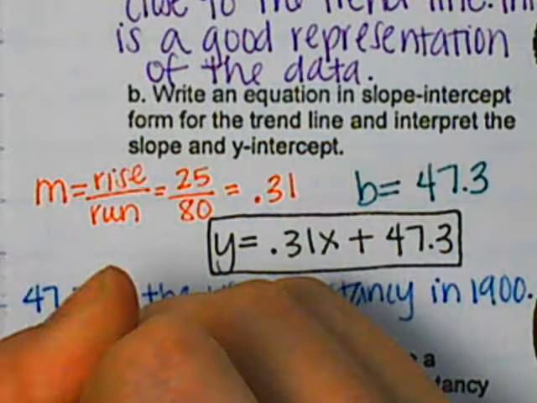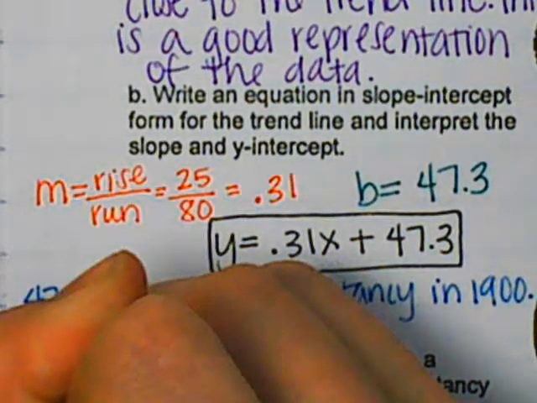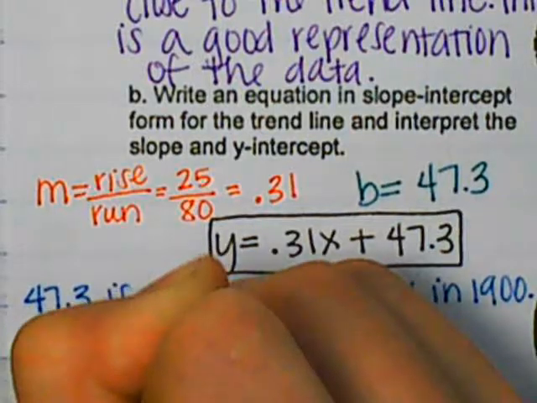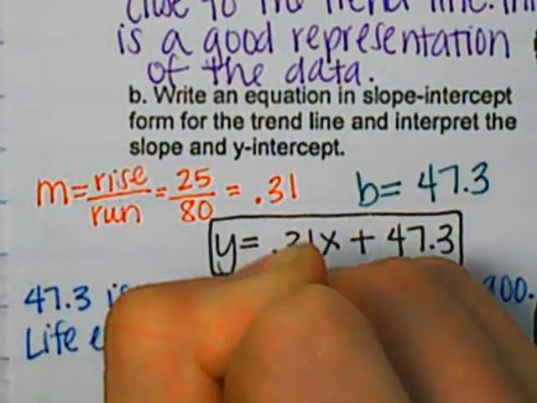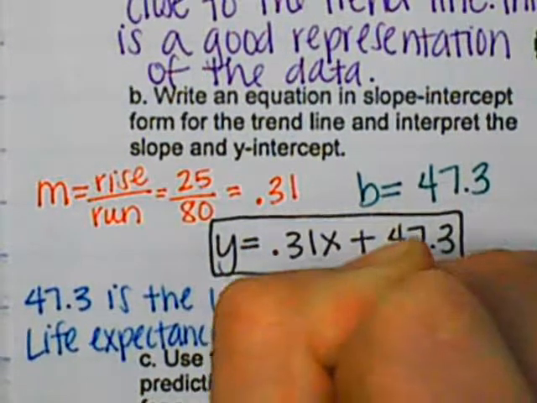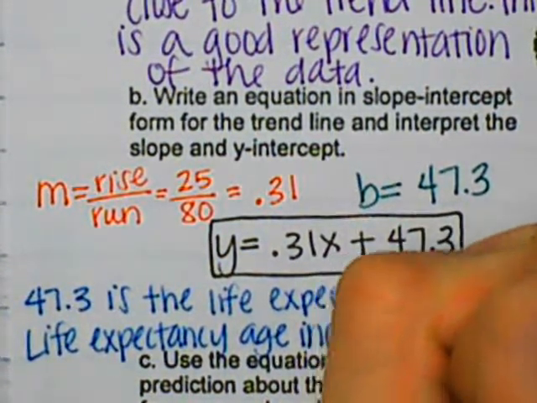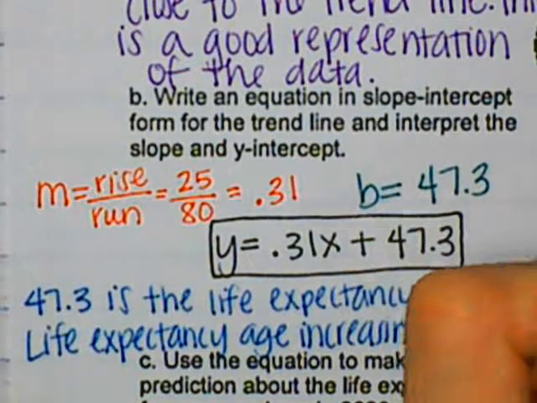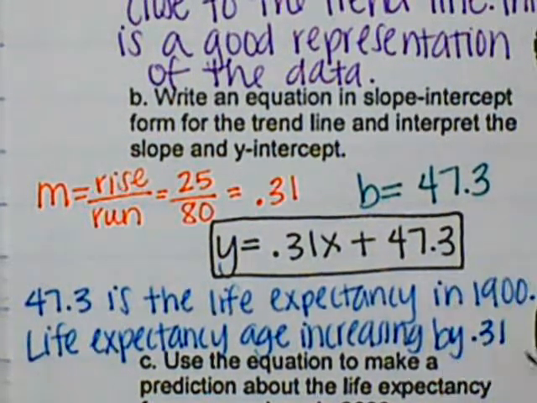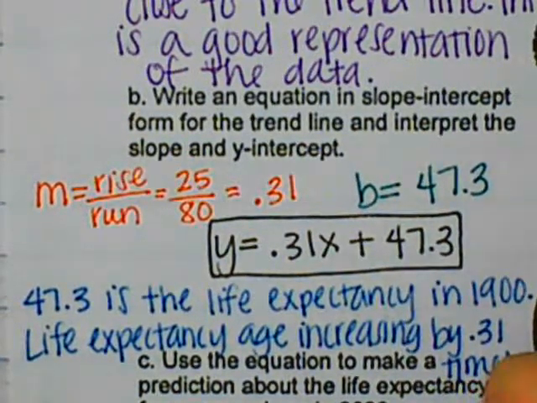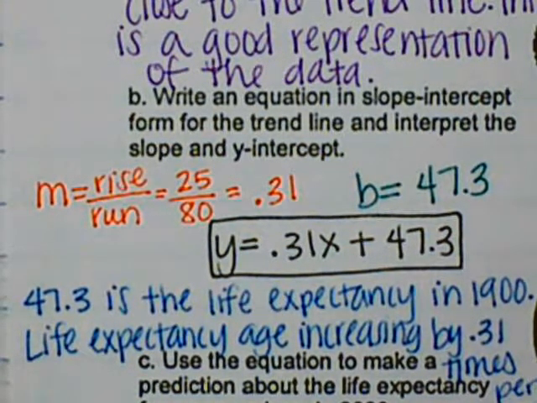This is increasing, so life expectancy age is increasing by 0.31 times per year.